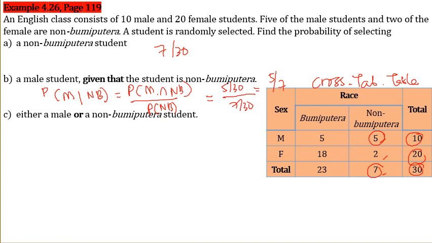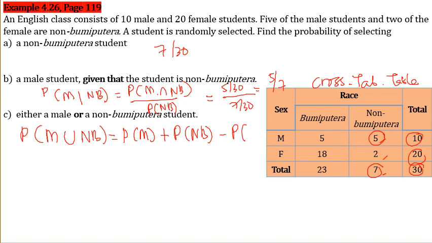C. Either a male or non-Bumiputra student. So we use the formula P(M union NB). We use the addition formula, P(M) plus P(NB) minus P(M and NB).